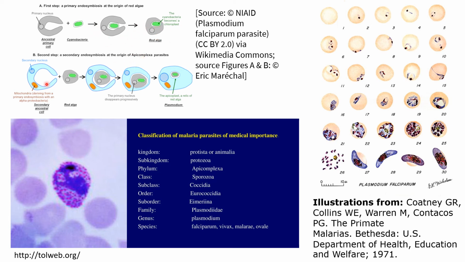And then, may isang red algae. And then, merong secondary ancestral cell na kumain ng red algae. And later on, nag-disappear yung nucleus at naging relic na lang ng red algae. That's why meron pa rin siyang plastid itong protozoa na to.